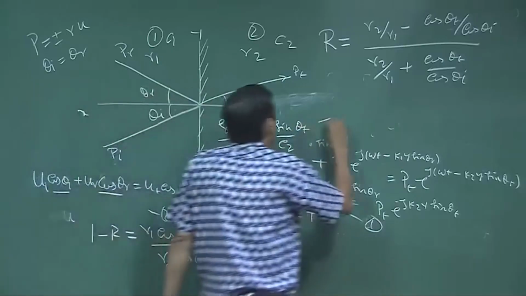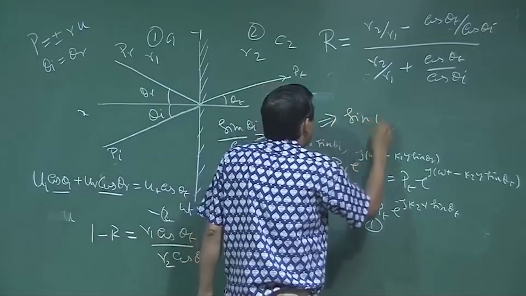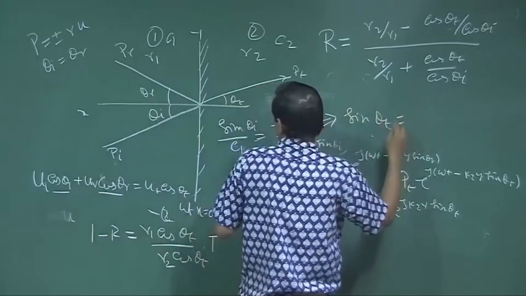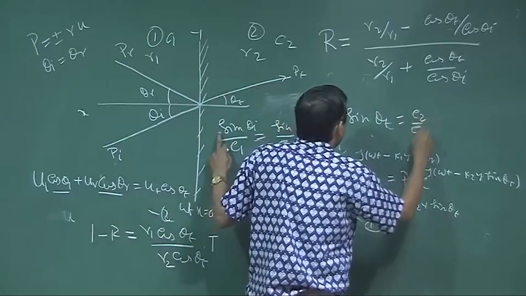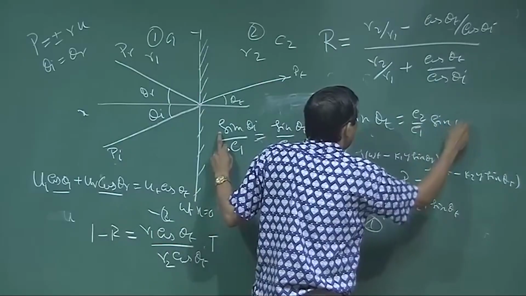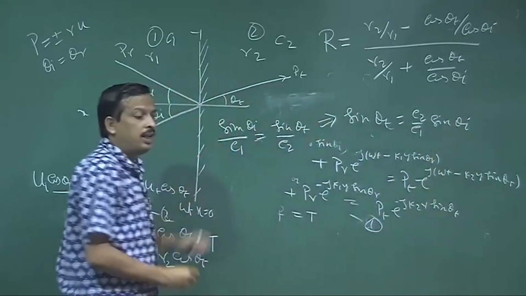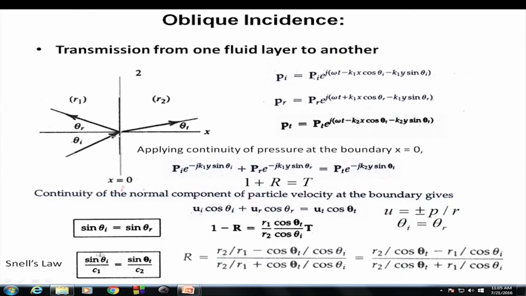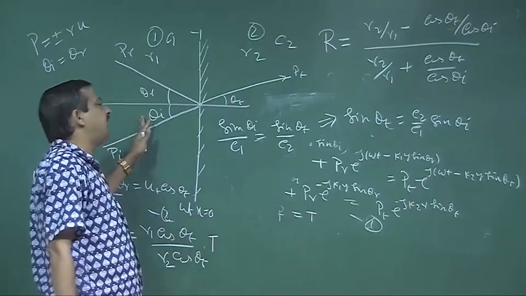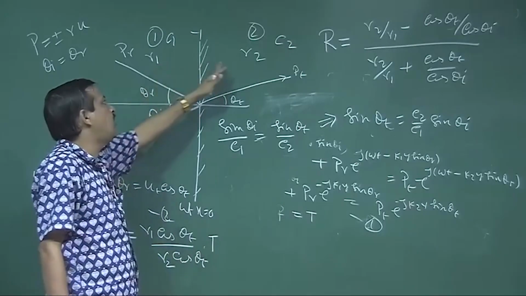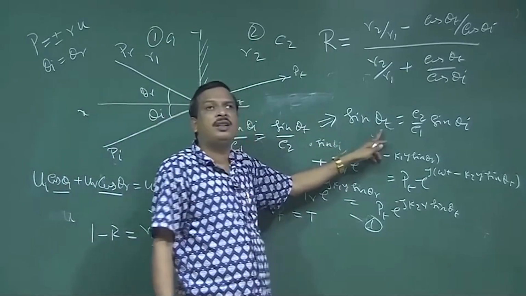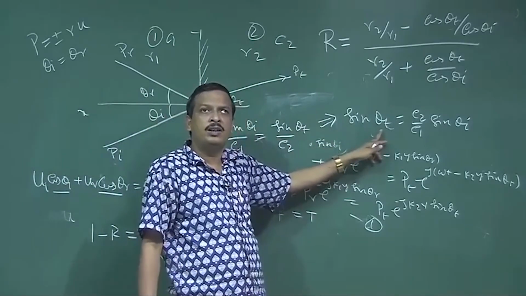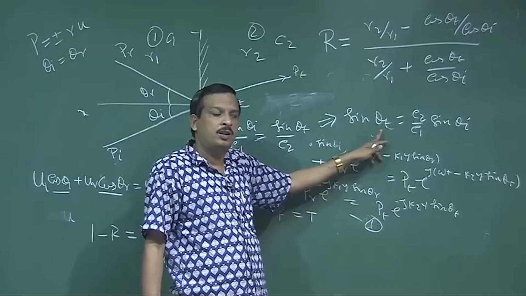So from there I can say sin theta t is nothing but c2 by c1 into sin theta I. This is Snell's law. So if the angle of incidence is given and the speed of sound is given in the two media, then I can calculate sin theta t, the angle of transmission.